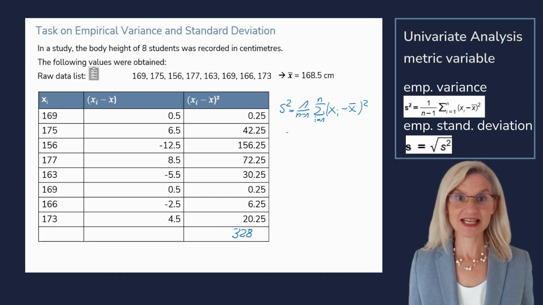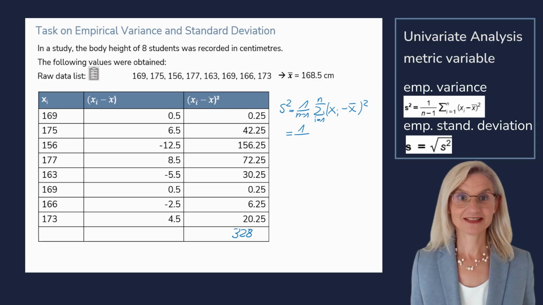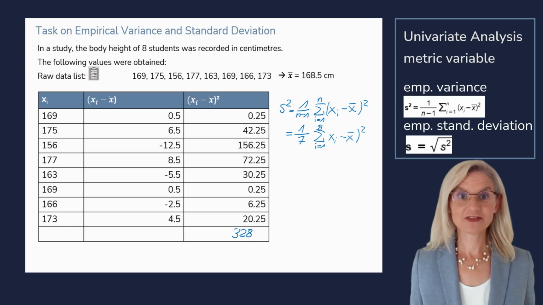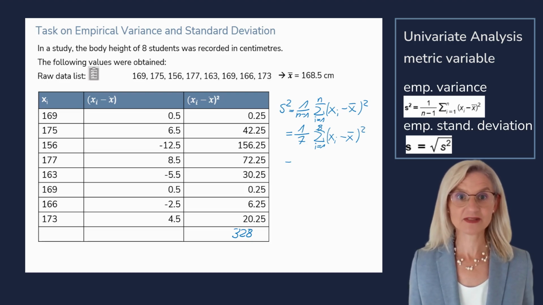Here our sample size n is 8, so n minus 1 is 7. Putting in the numbers, s squared equals 1 divided by 7 times 328, which gives us approximately 46.86.